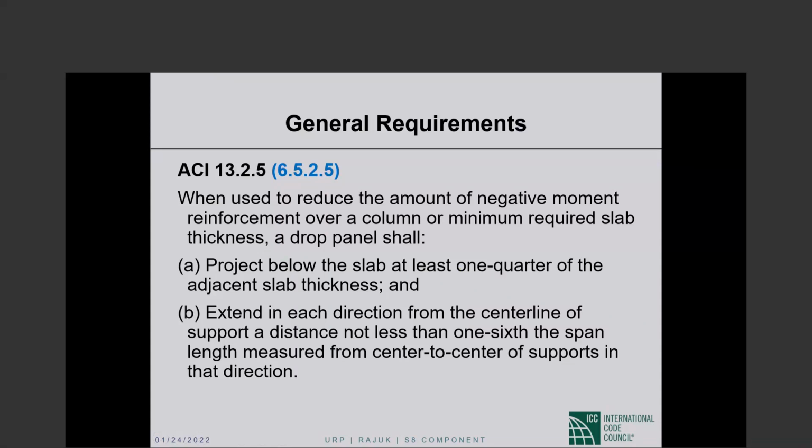And the drop panel must extend in each direction from the central line of the support a distance not less than 1/6 the span length measured from center to center of supports in that direction. The details aside, the point is that the minimum thickness of the drop panel is given, and the drop panel must extend into the spans for a certain distance. Otherwise, they're technically not drop panels.